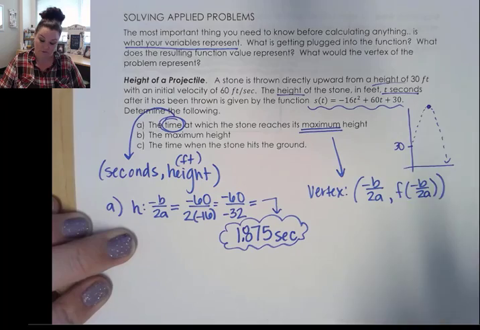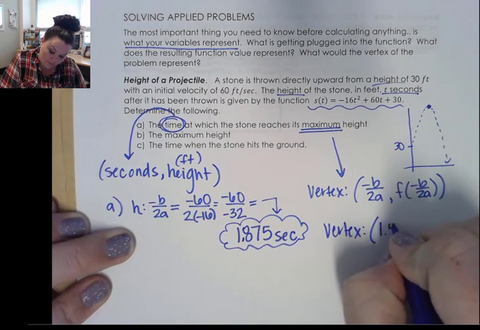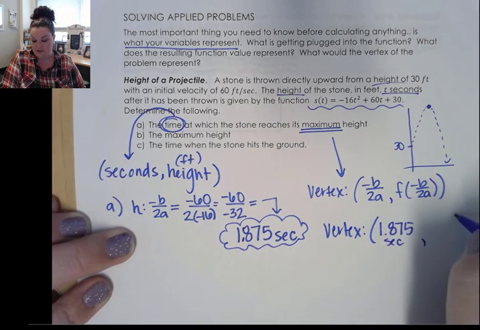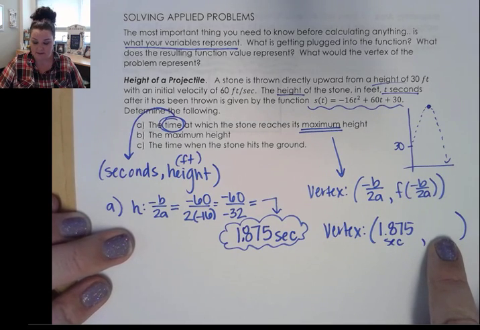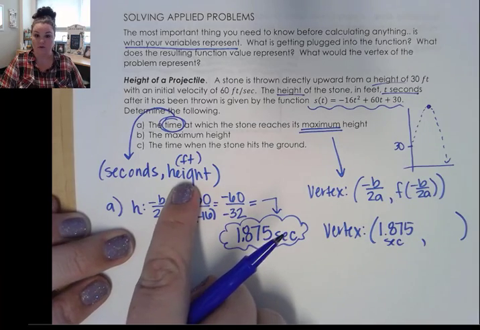So in terms of our vertex, what we know here is that it takes 1.875 seconds for it to reach its maximum height. We don't know what that maximum height is, because that's our second coordinate in our vertex.